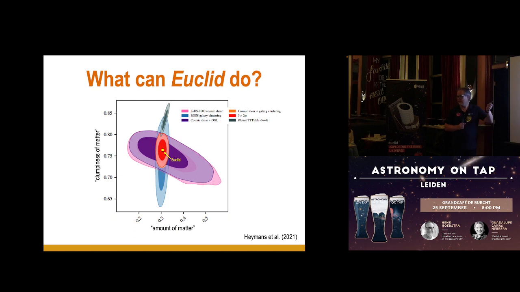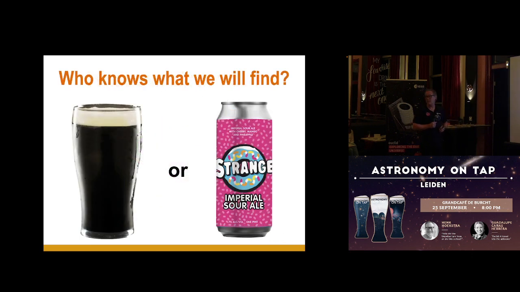This gives an idea of how much better Euclid is for this cosmology. So the real question is, what will we find? Because I think it is fair to say we have no idea what dark matter is. Well, dark matter we have some ideas, but dark energy we have no good idea. Euclid is designed to make a big step forward in the field.